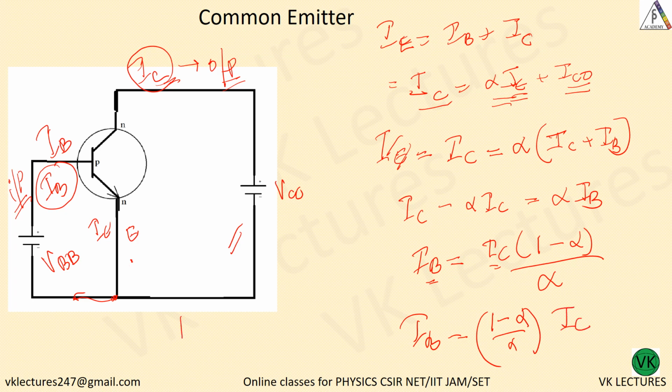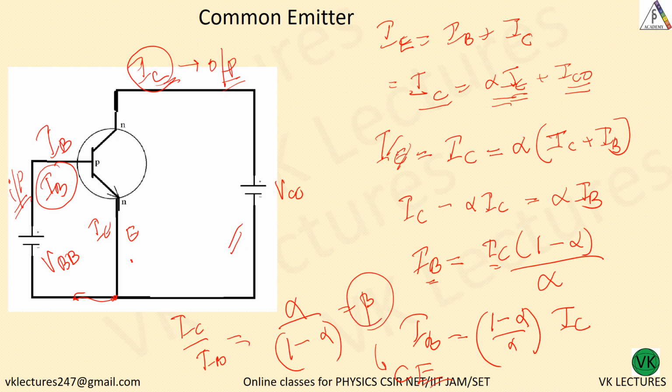So IC by IB is equal to alpha by 1 minus alpha. And this particular value is called beta, or current amplification factor in common emitter. Beta equal to alpha by 1 minus alpha.